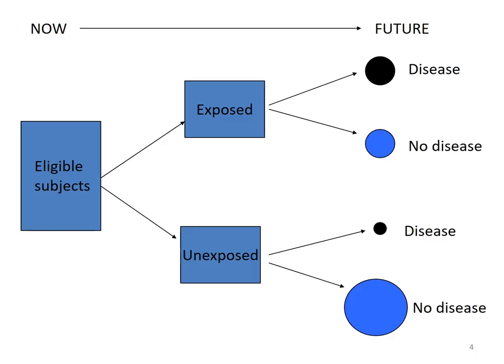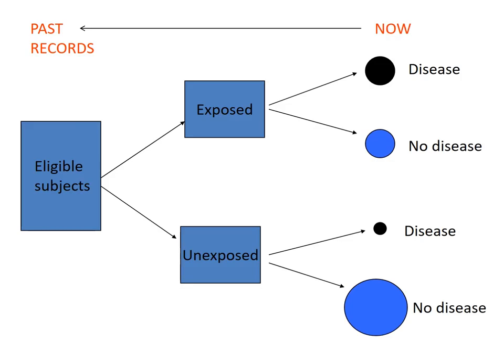So in the exposed group, some of the subjects might have the disease, some no disease. Also in the unexposed, some have the disease, some don't. As you can see, if our theory or hypothesis is true, those who are exposed will be more likely to have a higher incidence of the disease compared to those not exposed.